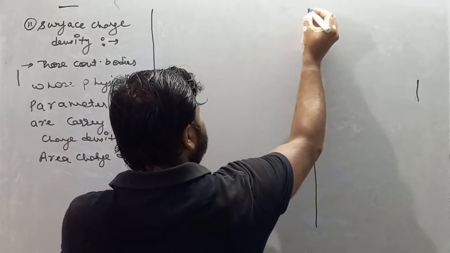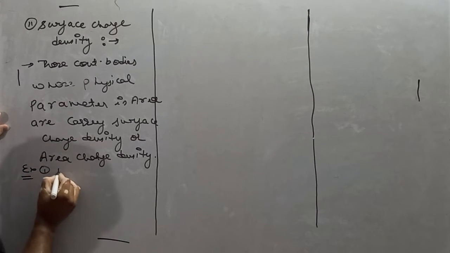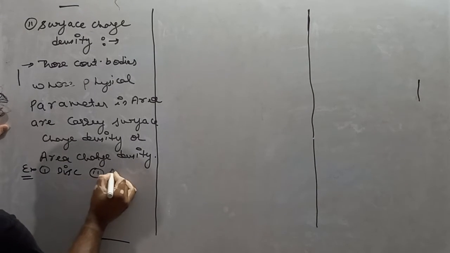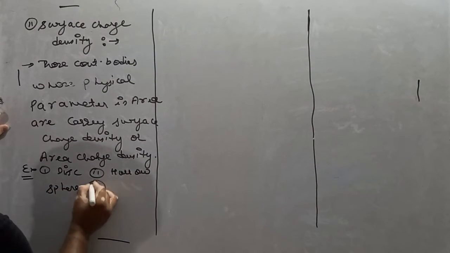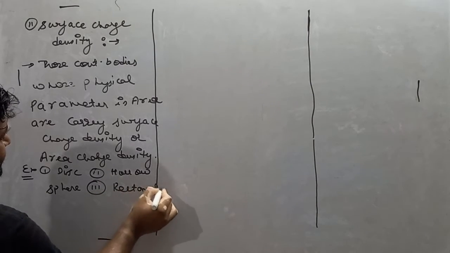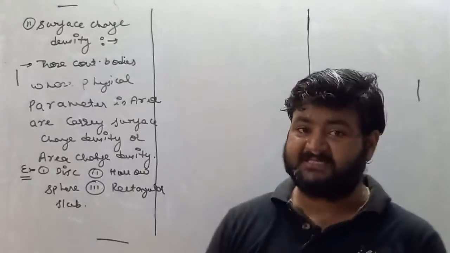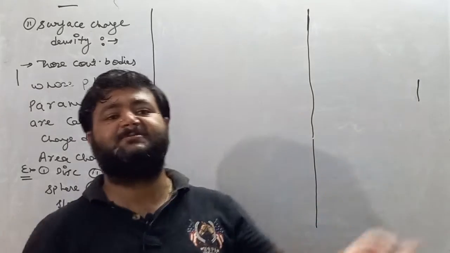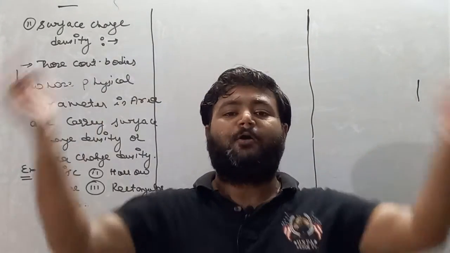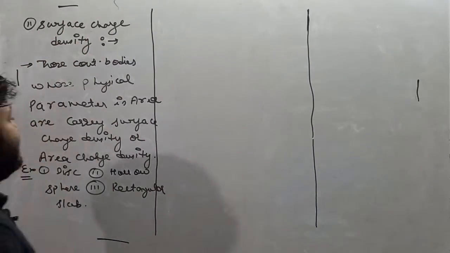Now moving forward, some examples of those bodies are the disk, the hollow sphere, and the rectangular slab. If we put some charge on them, that charge is distributed uniformly all over its area, and that charge is considered to be surface charge density.